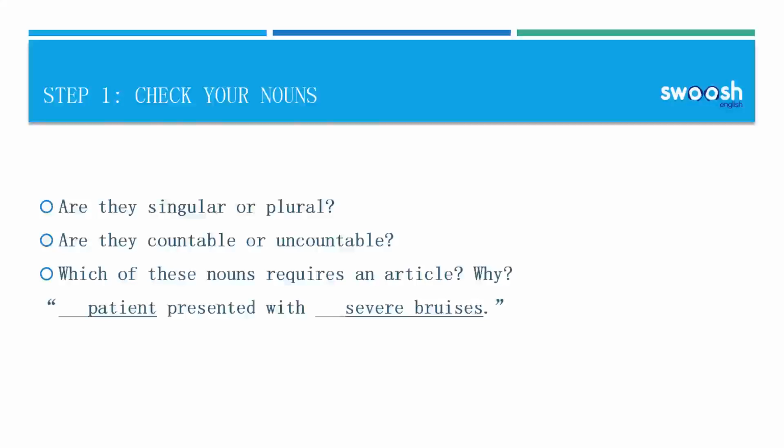So that then takes us on to the next question. Is the noun countable or uncountable? So as mentioned before, a or an can only be used with countable nouns, namely nouns which can be counted. So for example, one doctor, two doctors, one disease, two diseases. We can count these things. Therefore, if we use them in the singular, we can use a.